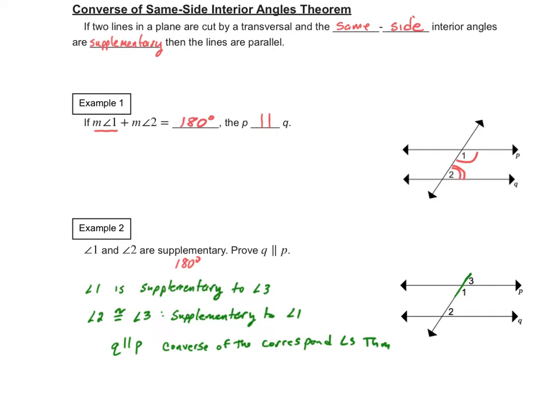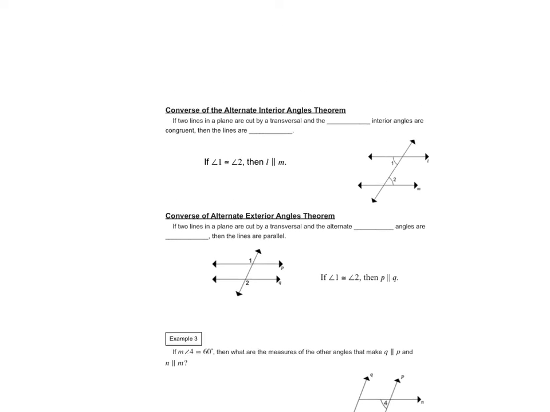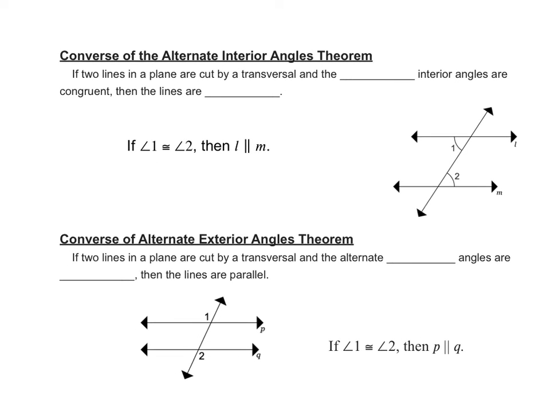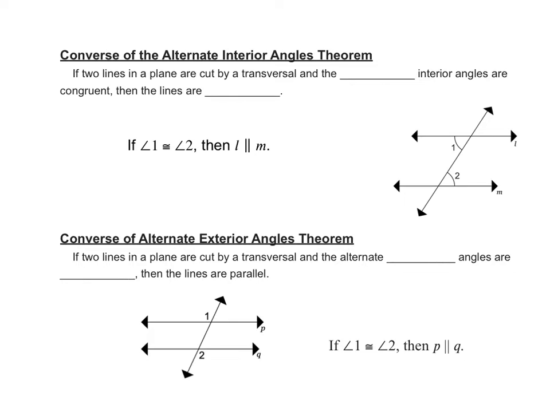So if you see something visually, you just have to make sure that we're following the rules. The converse of the alternate interior angles theorem: again, we're switching our if-then statements. If two lines in a plane are cut by a transversal and the alternate interior angles are congruent, then the lines are going to be parallel.